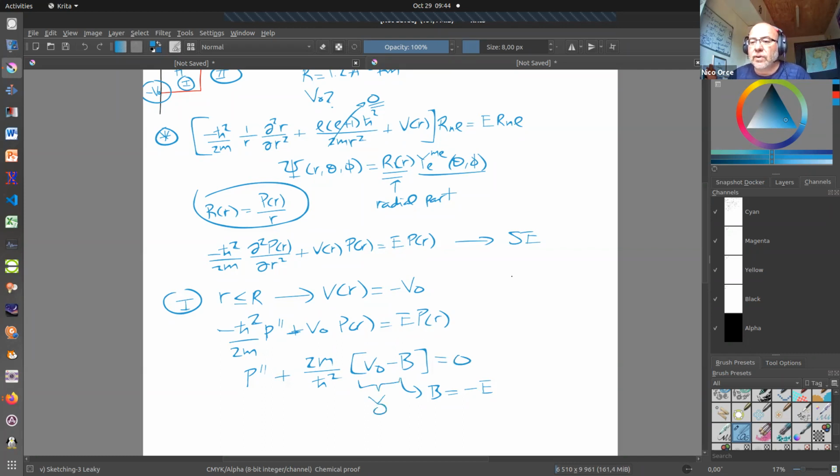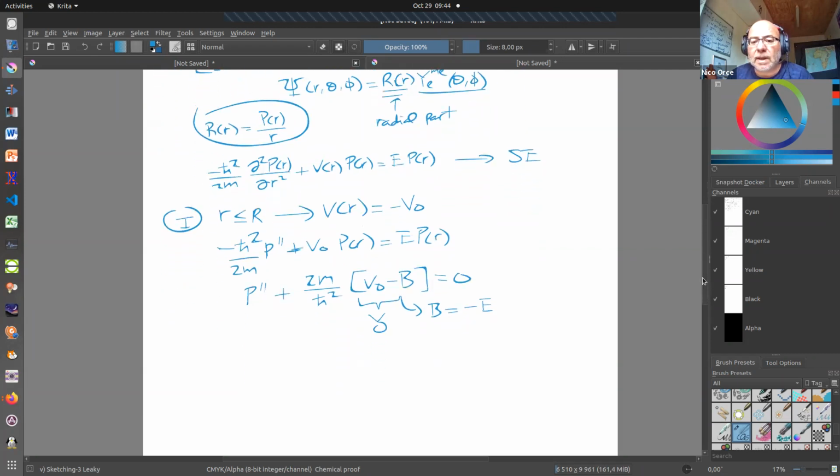So these kinds of solutions in quantum mechanics are a solution of a sine: P(R) is equal to A sine of K1R plus B cosine of K1R, right? Guys, interrupt me if you don't follow me.